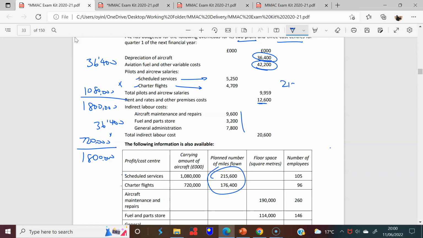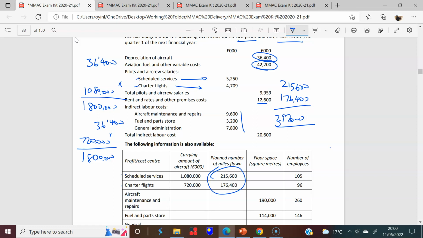So we have 215,600, 176,400. Add those together. 215,600 plus 176,400, and that's 392,000.